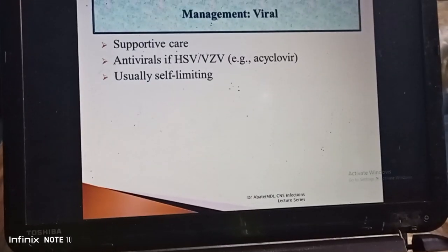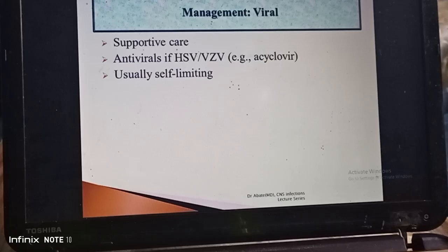The other thing is we will discuss viral meningitis. About viral meningitis, it is just supportive care. You give supportive care, and if the viral etiology is like herpes simplex virus or varicella zoster virus, you can use IV acyclovir.